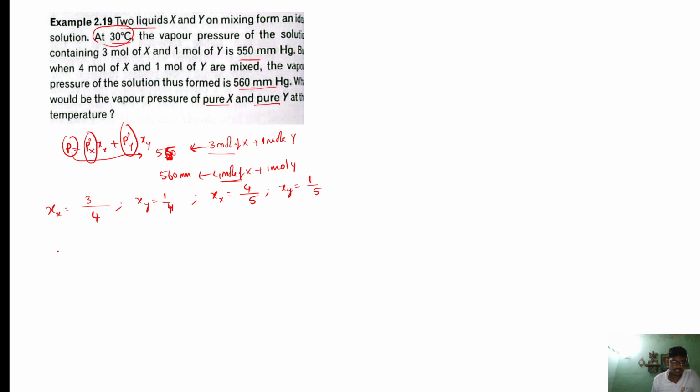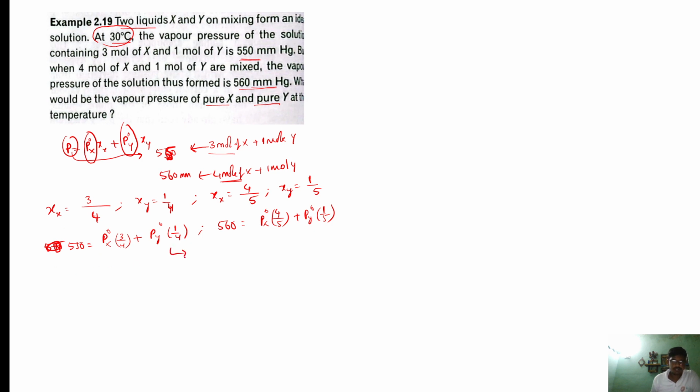Xy is 1 divided by 5. These are the two different cases. Here in this case 550 equal to Px naught into 3 by 4 plus Py naught into 1 by 4. Here 560 is equal to Px naught into 4 by 5 plus Py naught into 1 by 5.